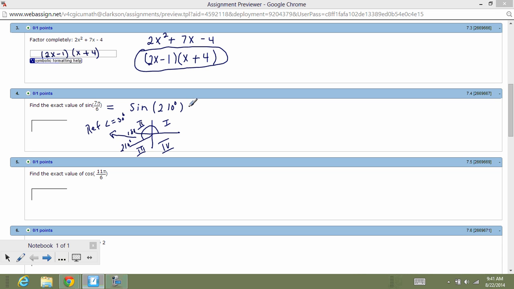So the sine of 210 degrees is going to be the same as the sine of 30 degrees, except you're in the third quadrant. And in the third quadrant, the value of the sine has to be negative. So negative sine 30 degrees would be what we'd be trying to evaluate. We want the exact value of that. So it's going to be negative, and the sine of 30 degrees is 1/2.